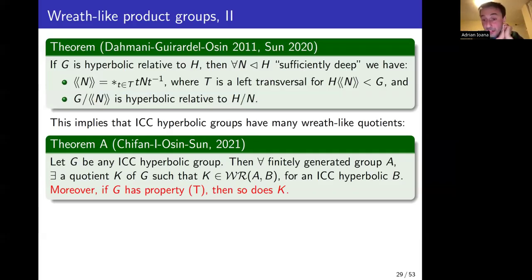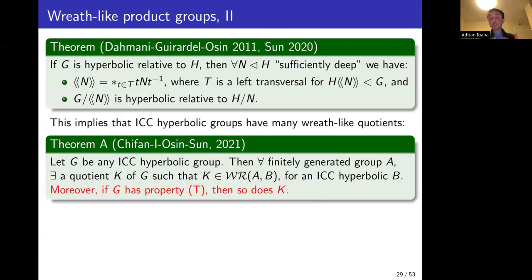Then for every finitely generated group A, there exists a quotient K of G such that that quotient is the wreath-like product of A, the arbitrary finitely generated group A, and some ICC hyperbolic B. So this means that there are lots of wreath-like products of some arbitrary finitely generated group with some hyperbolic group B.